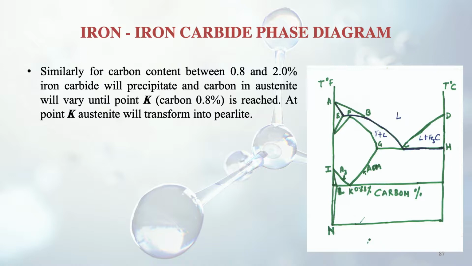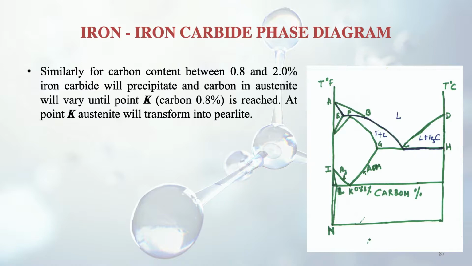At point K, austenite will transform into pearlite. So you can see here the 0.8 and the 2% range, meaning between the point G and the point K, this variation takes place. When we move from the point G to the point K, the temperature is going down. You can see the cooling is taking place and the carbon percentage is also going down.